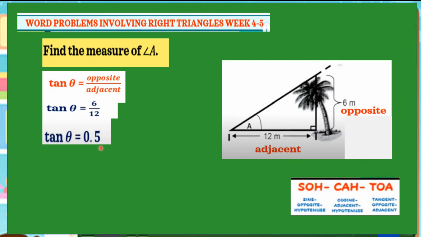The answer is 0.5. Then in your calculator, you are going to press shift tangent 0.5 equals. So, ang lalabas na sagot dyan ay ang angle theta natin is 26.57.